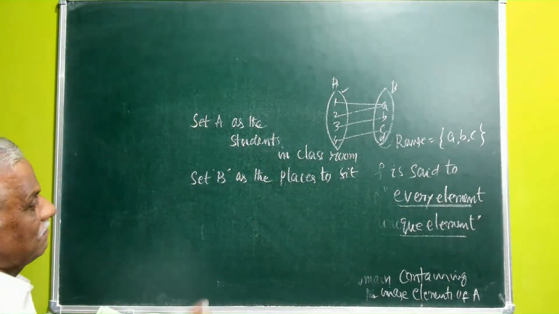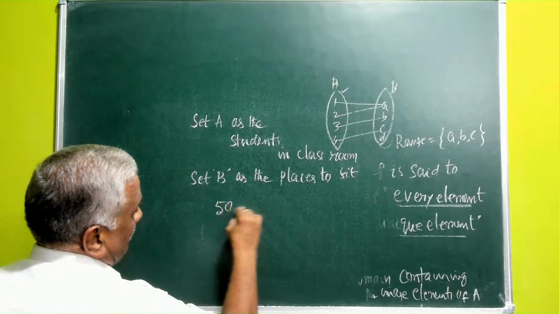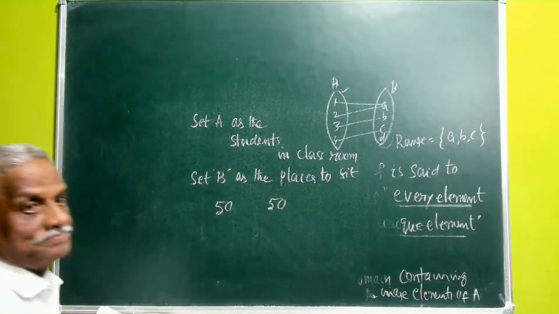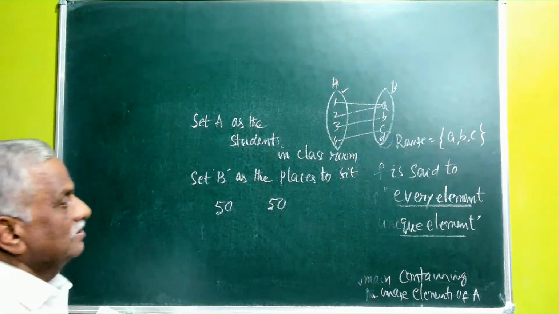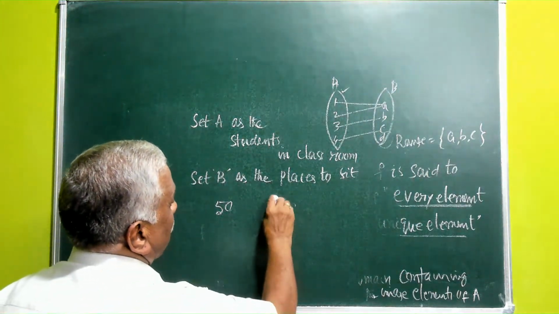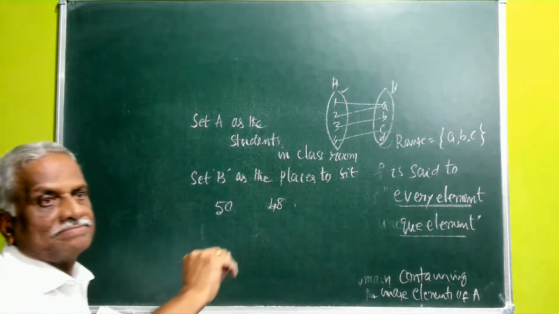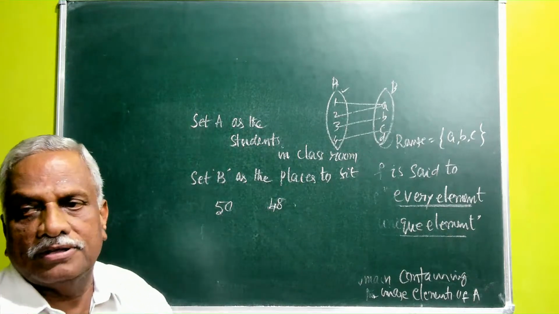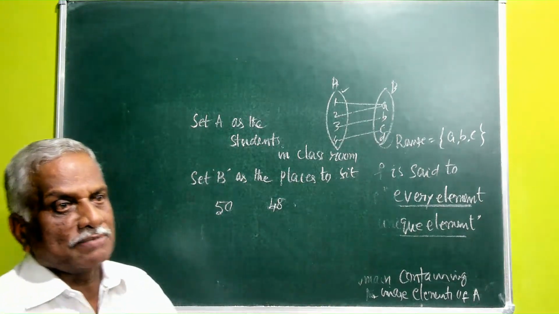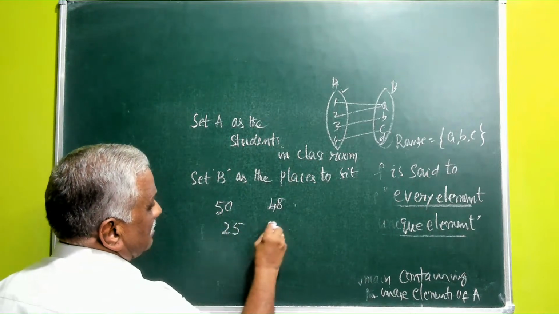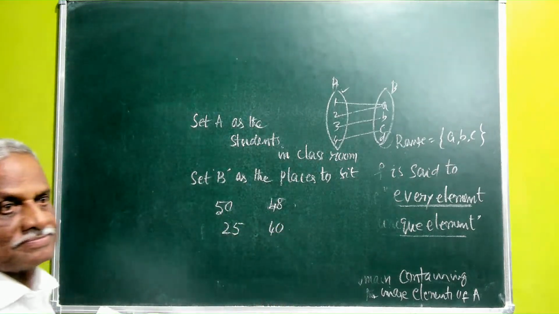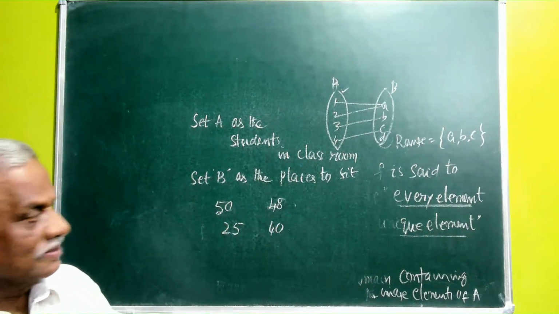Let us imagine there are 50 students and 50 places to sit. No problem, each one of them will get a place to sit. Supposing there are 48 places, then it is also possible to put 2 or 3 students in one place. Supposing there are 25 students and 40 seats, even then it is possible.